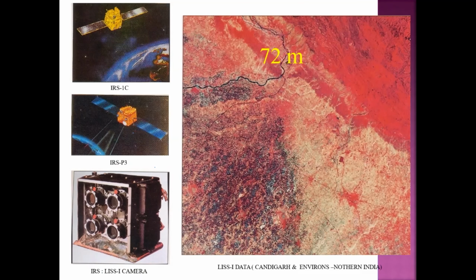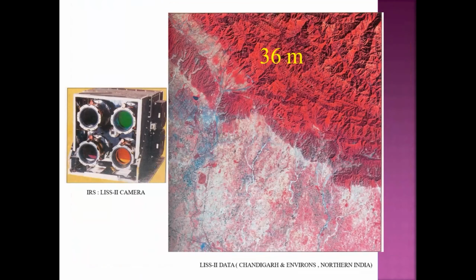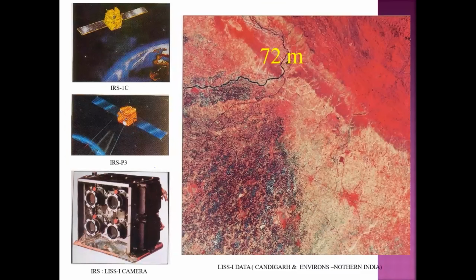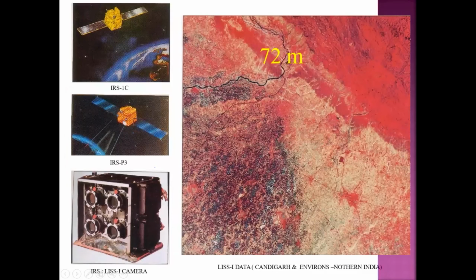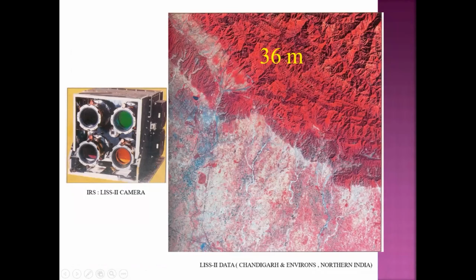here you see this is the data taken from the LISS-1. Okay, here 72 meter is the resolution, it is written. Okay, and here you see this is another data which has been taken from the LISS-2 having the resolution 36 meter. Here the numerical value is more in 72 meter than this 36 meter, but in resolution you will see that it is better here.